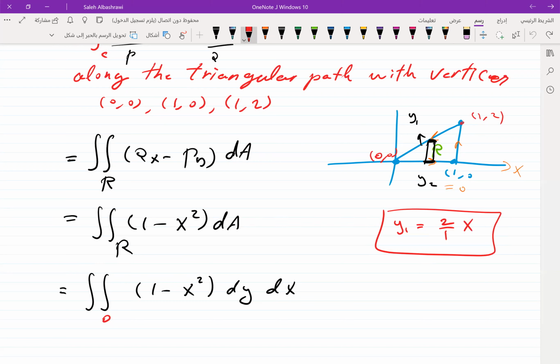So it is from 0 to 2x. And the limit for x starts from 0 up to 1. So the limits for x are from 0 to 1. So we found the limit for y and we found the limit for x. Now we can integrate.